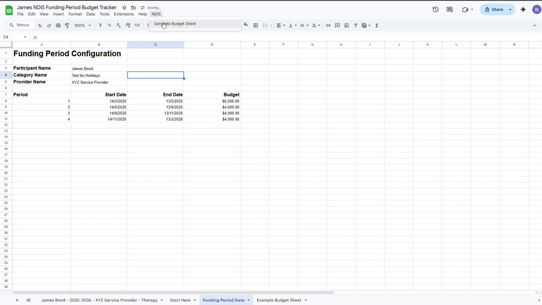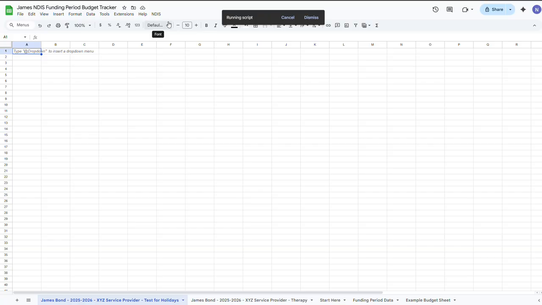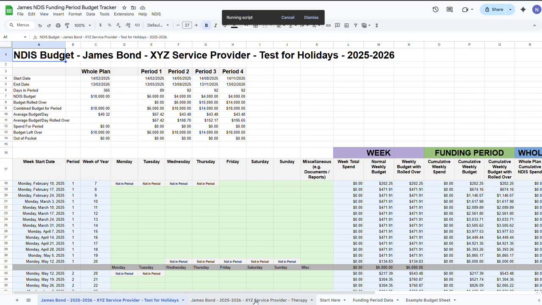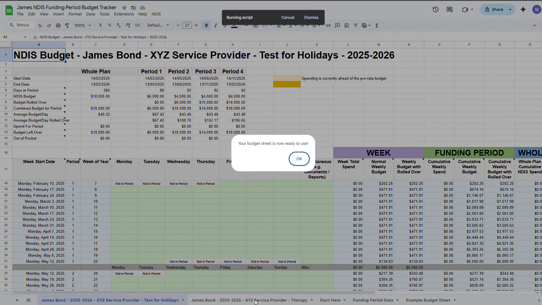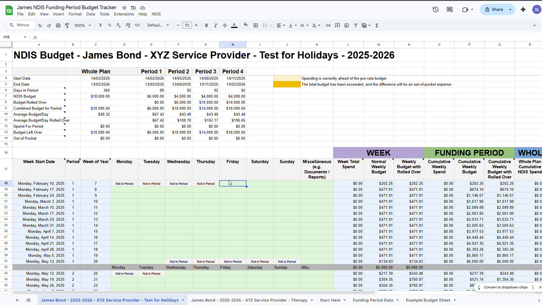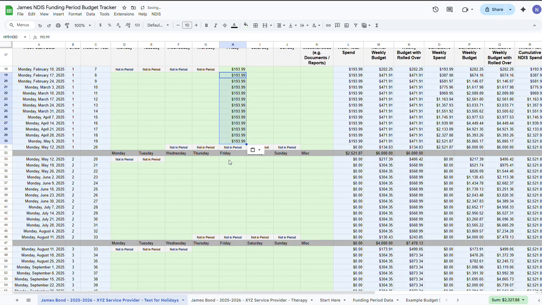and I'll generate a new sheet, and you'll see it creates a brand new sheet down the bottom, very similar to the previous one I created, but this one I say it's a test for the holidays because I might be having a big holiday in the middle of the year, so I can create a sheet and see what that might be like for my budget.